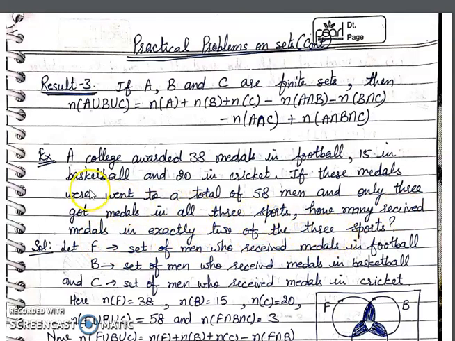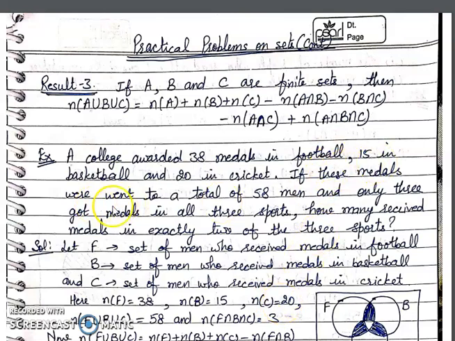Clear? So here we assume the men who receive medals in football as F, basketball as B and cricket as C. Now 38 medals in football means the number of elements in F is 38, 15 in basketball so n(B) is 15, 20 in cricket so n(C) is 20.